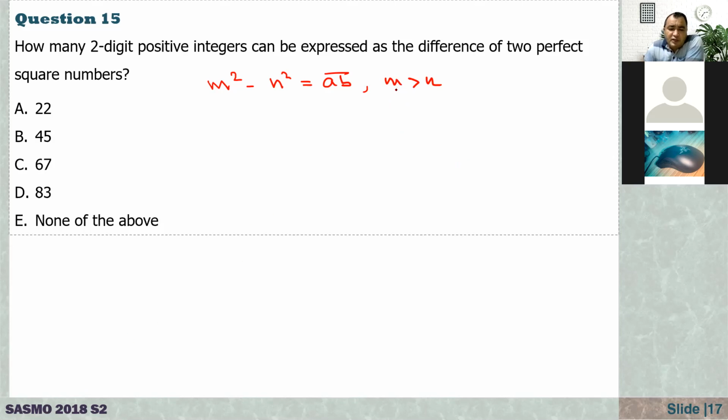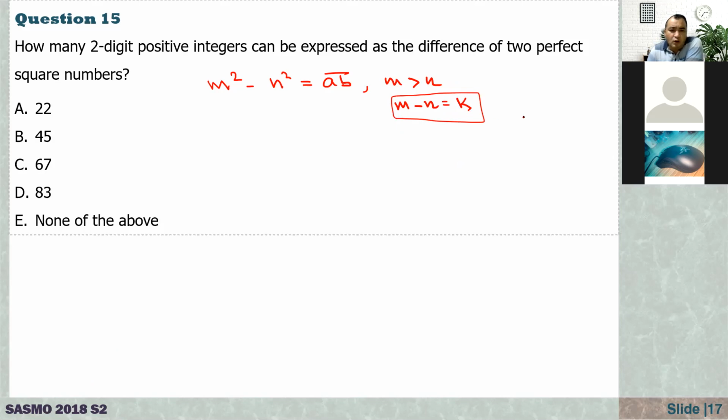By how much is m greater than n? Let's say the difference is k. That means m minus n equals k, so m is equal to n plus k, because if m is greater than n, I can write it in this form. What is k?